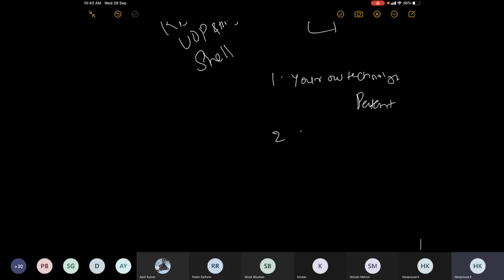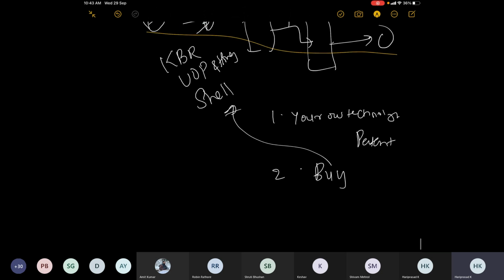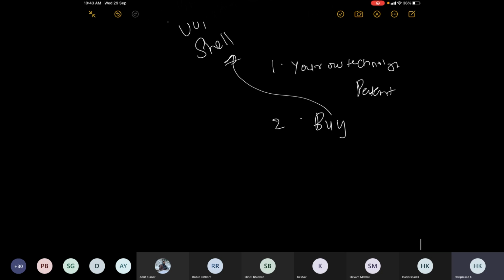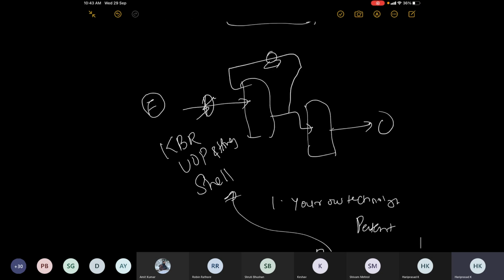The other option is you buy from one of these licensors. You have to pay and they would license their technology to you. When you license this technology, what they give you is something known as a PFD, which is a process flow diagram.